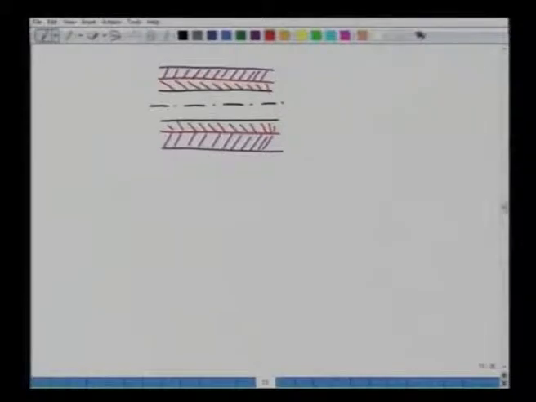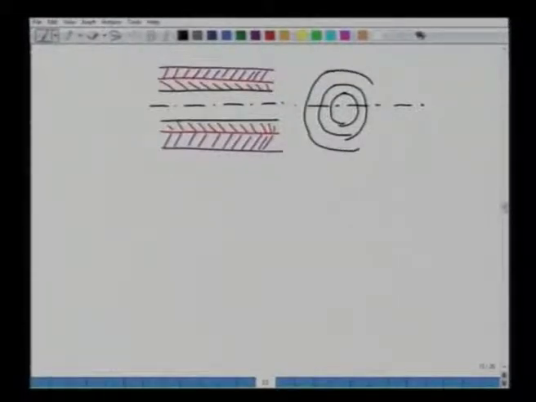Say, if we represent another view here, then this is our furnace tube, this is the fire clay brick lining, and this is the asbestos lining.